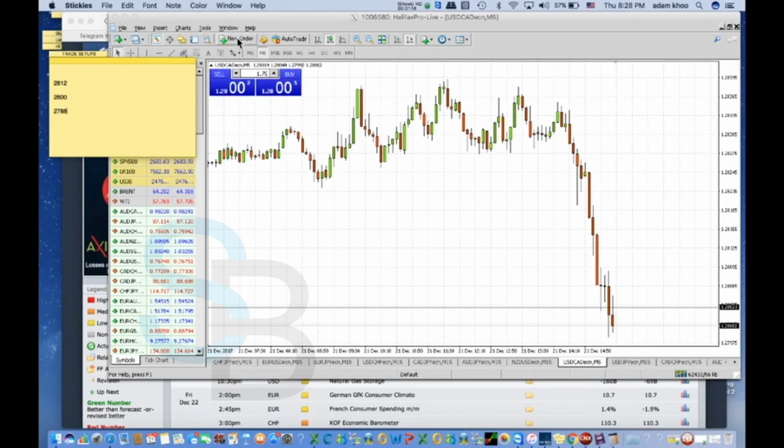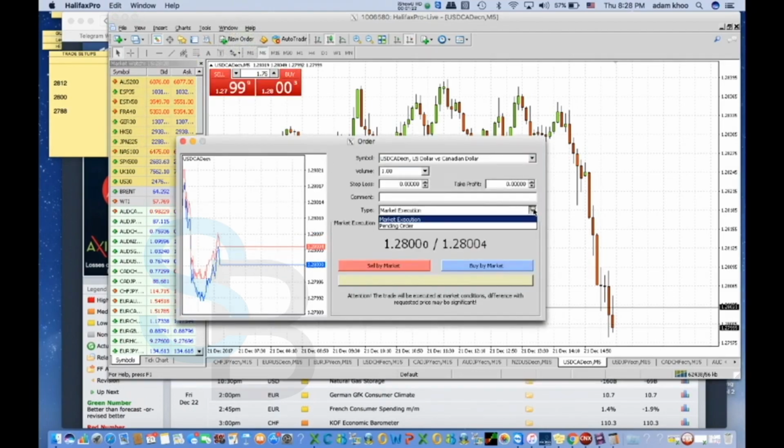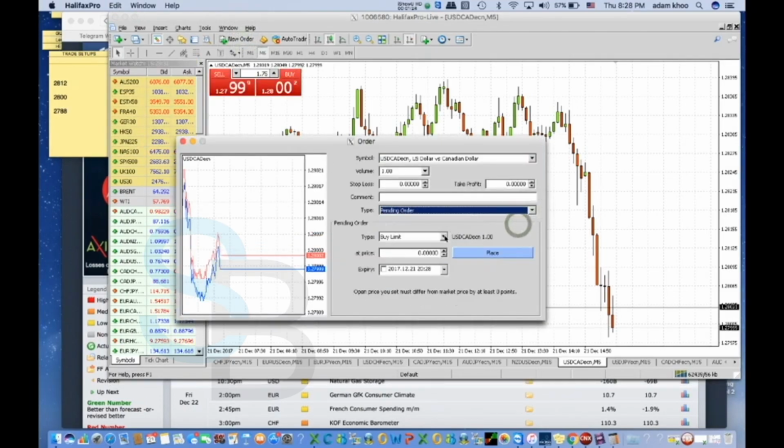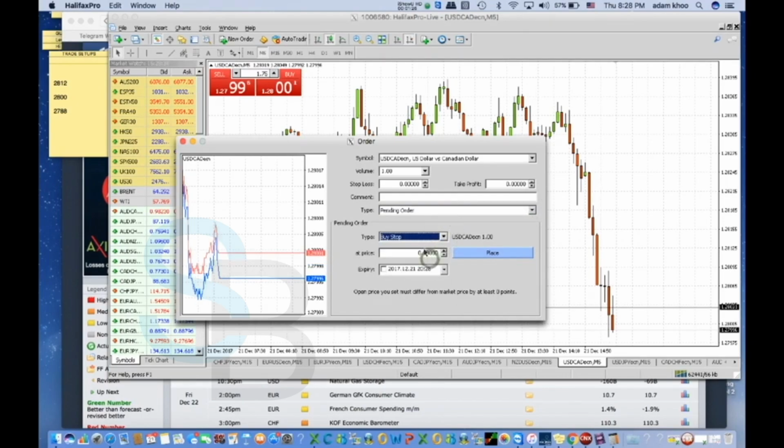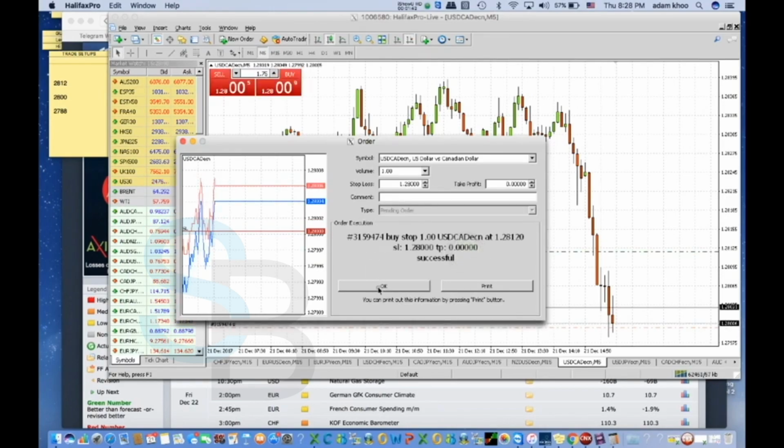Okay. So buy stop order 1.2812, stop loss at 1.2800. Okay, buy stop placed.